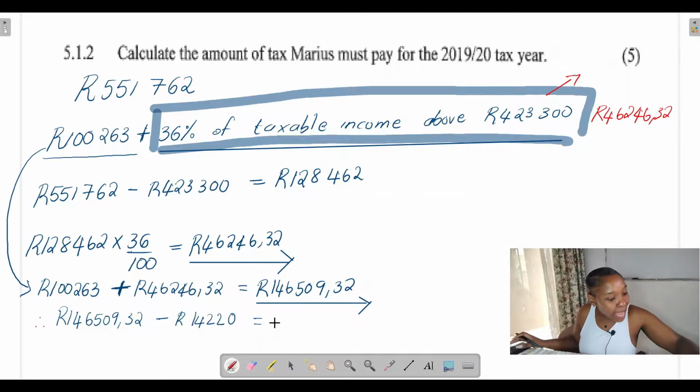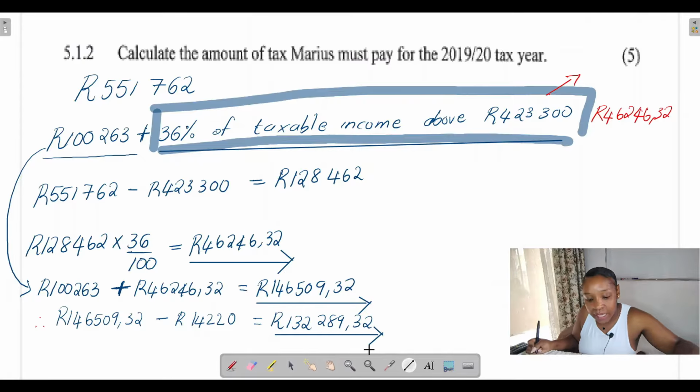So if you punch that into your calculator, you will get that Mr. Marais must pay 132,289.32. That is the amount of tax that he must pay for the 2019 to 2020 tax year.